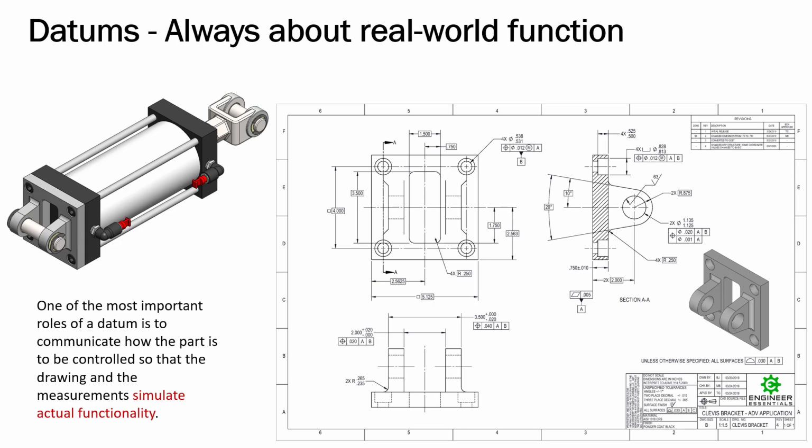So if you look at this drawing that I have up here on the screen, the datum reference frame, which by the way, this is our clevis bracket. We have a full 5-part series webinar on this in the video and webinar content in your dashboard.